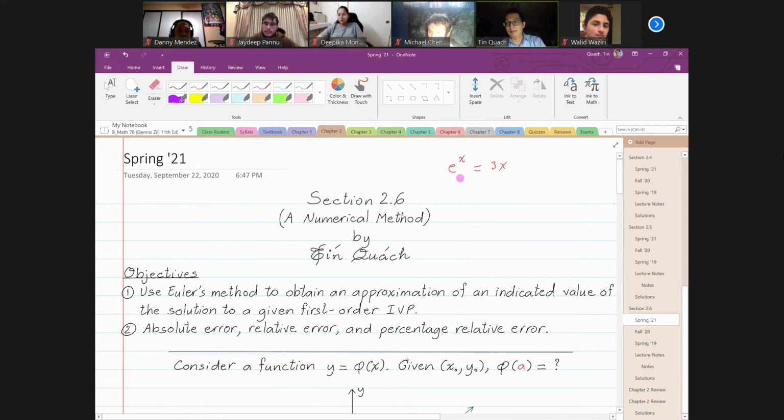You can use a graphing calculator, and wherever they intersect, the x-coordinate right there is the solution of this equation. Or another way is you move this one to the left, and then you use Newton's method that you learned in probably chapter 3 of the calculus textbook that we are using at EVC.